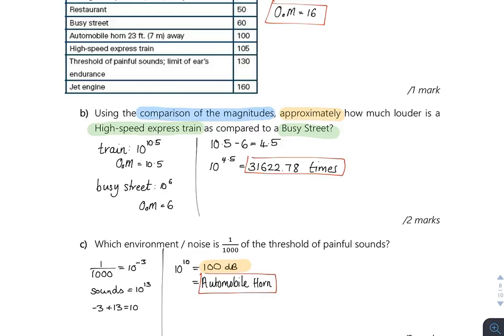Looking at our orders of magnitudes there, we have -3 here and 13 here, which means -3 plus 13 is equal to 10. 10 to the power of 10 is 100 decibels. And then this can then be converted into an automobile. So 100 decibels is an automobile. Marks for that question is again an answer and then some kind of working to get your second mark for it.